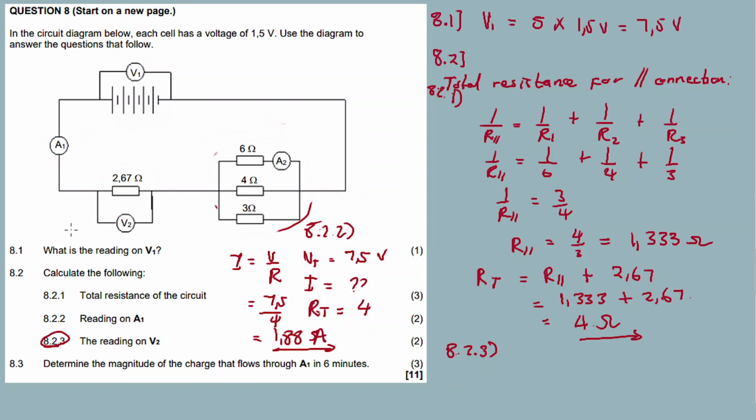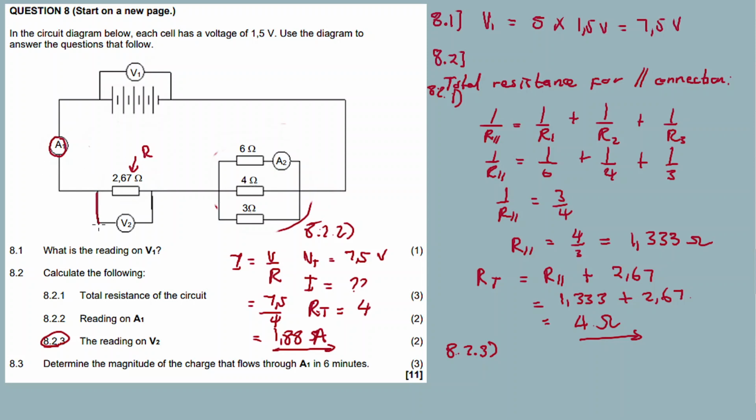For V2, I have a resistance R. I also have a current. In a series connection, the current stays constant.